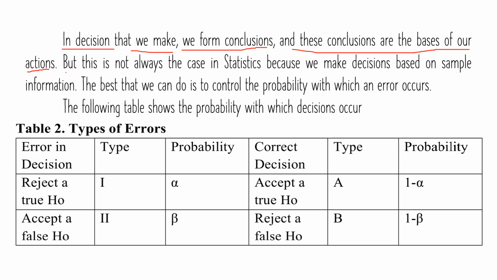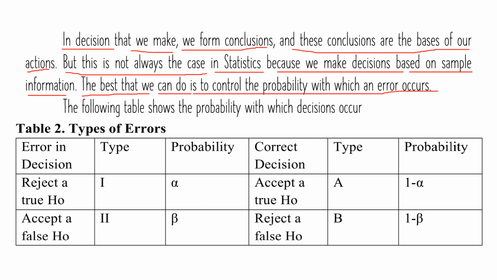But this is not always the case in statistics, because we make decisions based on sample information, because we only subject a sample from a population to our research. The best that we can do is to control the probability with which an error occurs, because there are two types of errors, your type 1 error and your type 2 error.